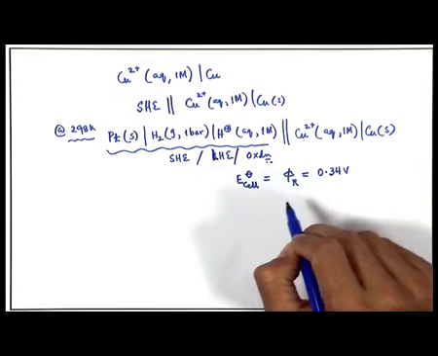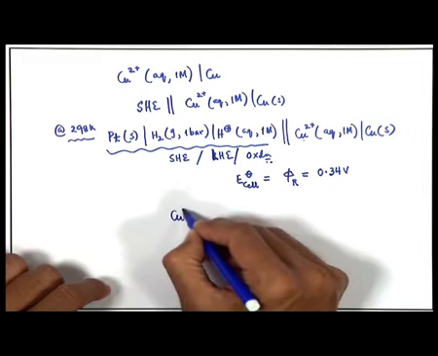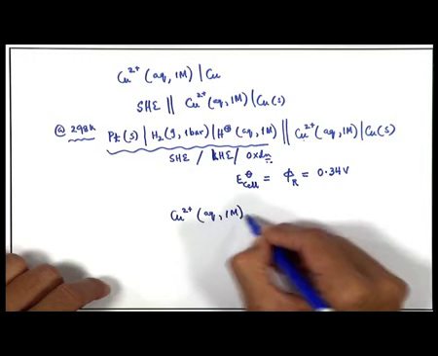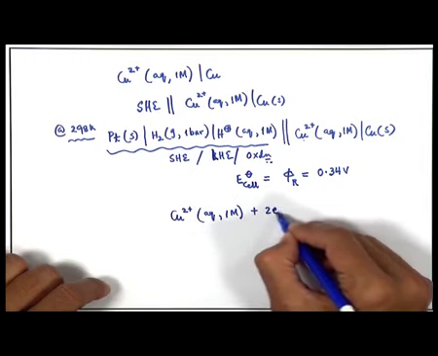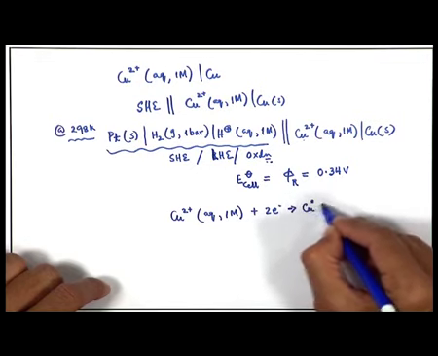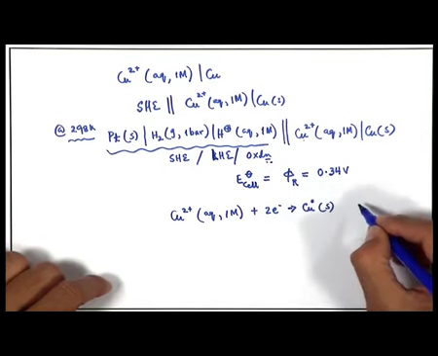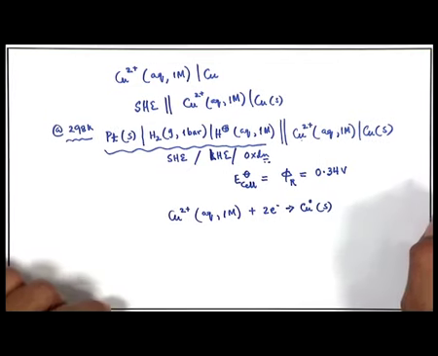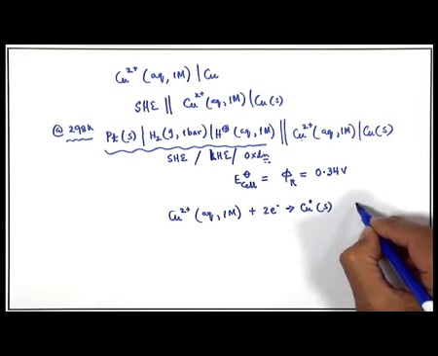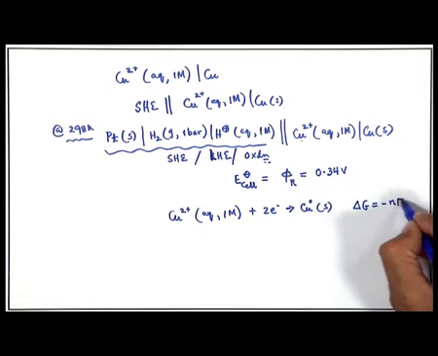Okay. So, this particular reaction, that is Cu2 plus, 1 M, plus 2 electron, that gets you Cu0 solid, has this much volt. So, if you want to express this in terms of delta G, then delta G will be equal to minus nFE.